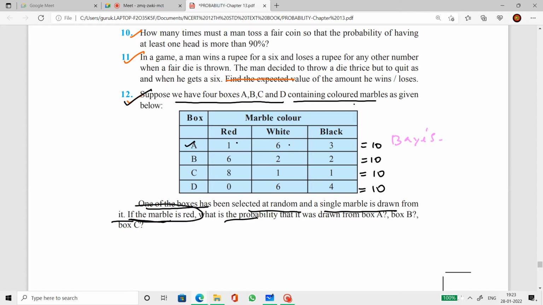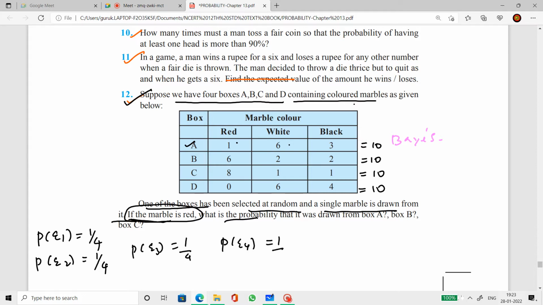So what is A here? Selecting a red marble. E1 is selecting box A. A is selecting a red marble. A given E1 is selecting a red marble from box A. P of E1 is 1 by 4. P of E2 is 1 by 4. P of E3 is 1 by 4. P of E4 is also 1 by 4.